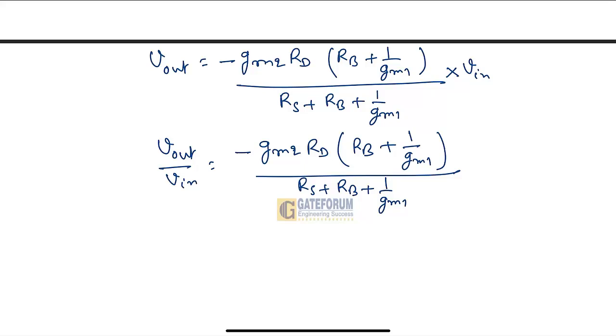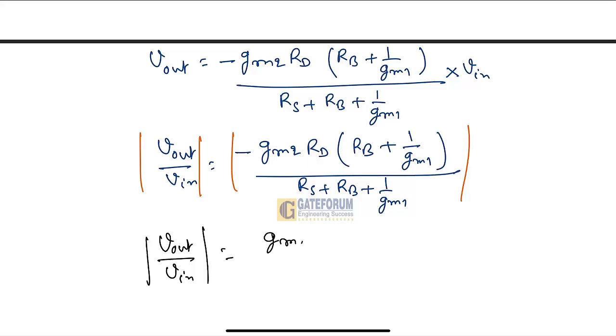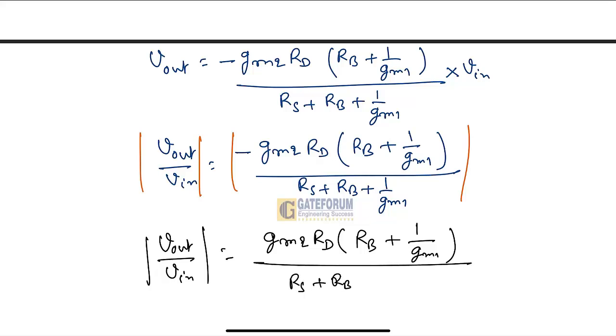But as per the question, only the magnitude is asked. Whenever we take the magnitude on both sides, the minus sign is omitted. So the magnitude of Vout/Vin = gm2 RD (RB + 1/gm1) / (RS + RB + 1/gm1).